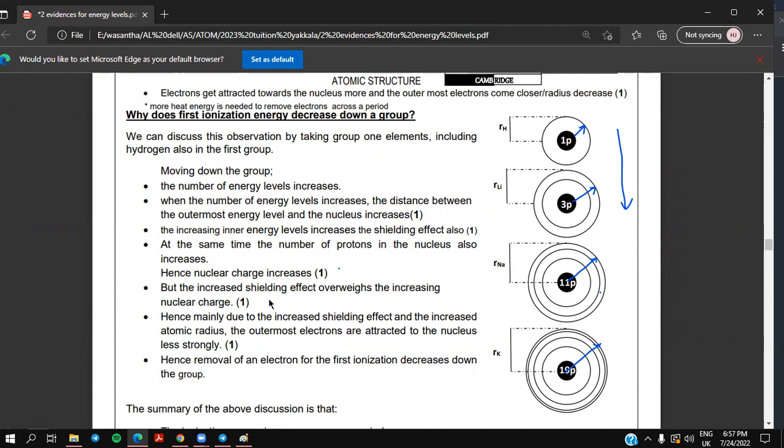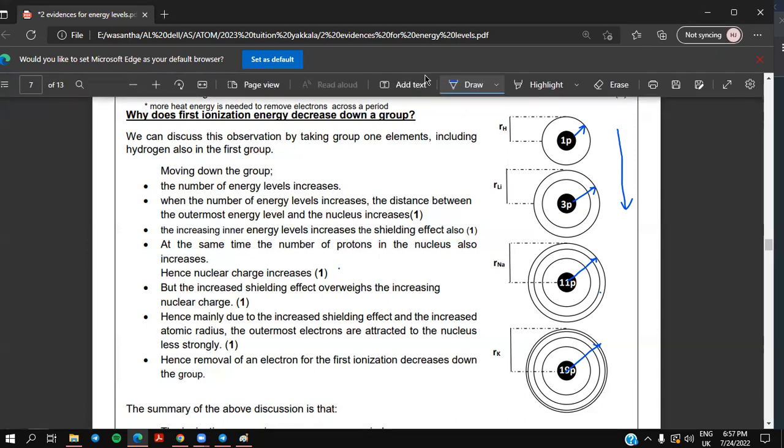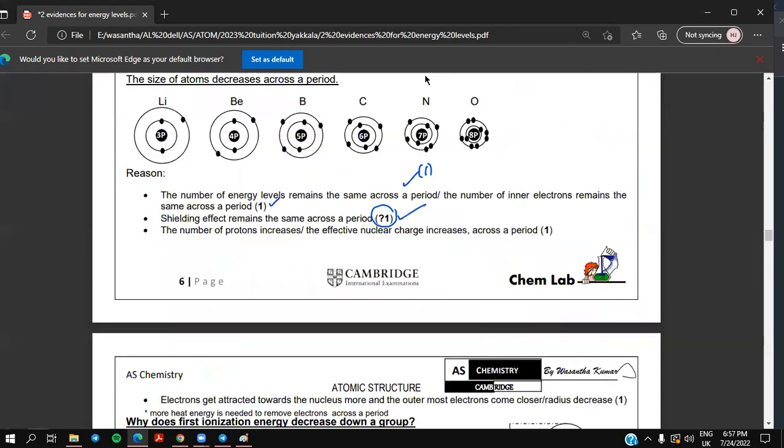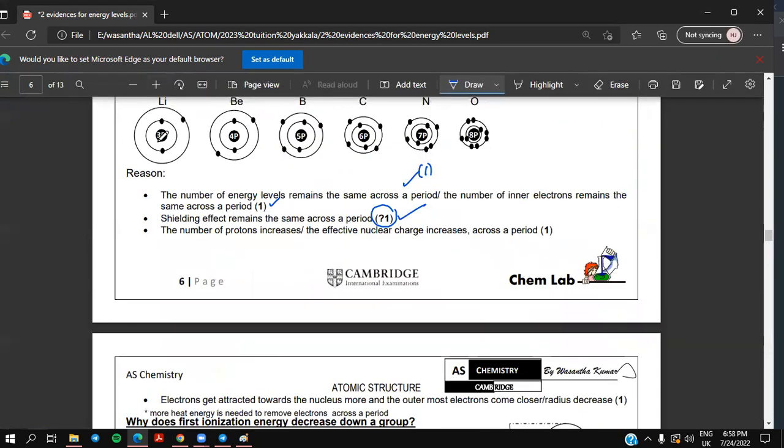Moving down the group, why do I talk about nuclear charge? Because I talk about nuclear charge across the period also. Across the period, proton number increases. Therefore, outermost electrons are attracted stronger and more energy is expected to remove electrons across the period.